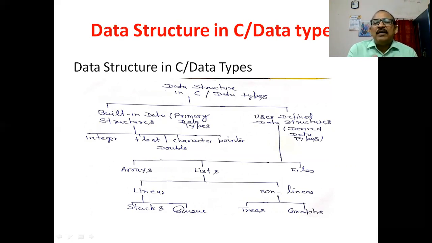The derived data types are classified into arrays, lists, and files. List is again classified into linear list and non-linear list. Linear list is classified into stacks and queues, and non-linear list into trees and graphs. In the previous videos, we have discussed these concepts in detail.